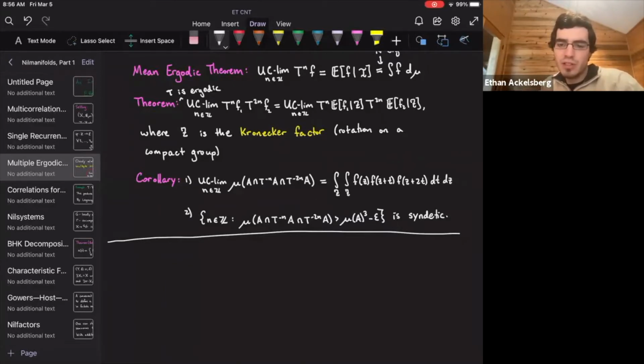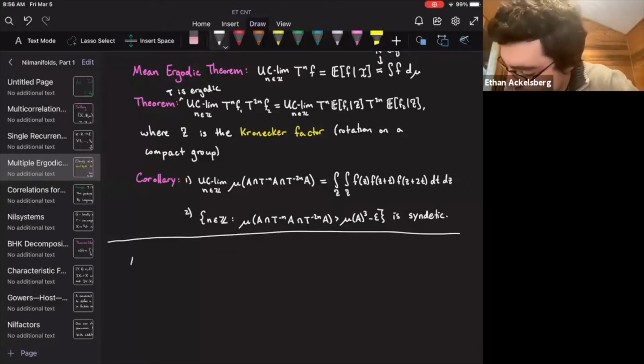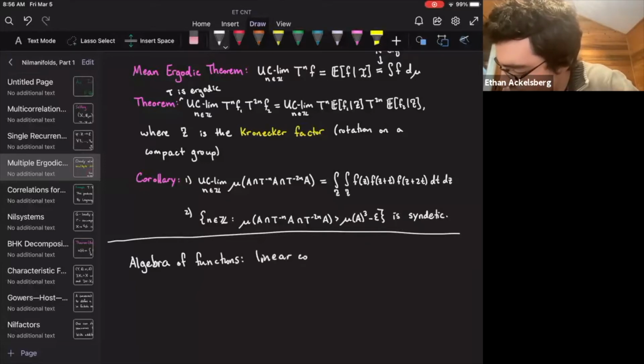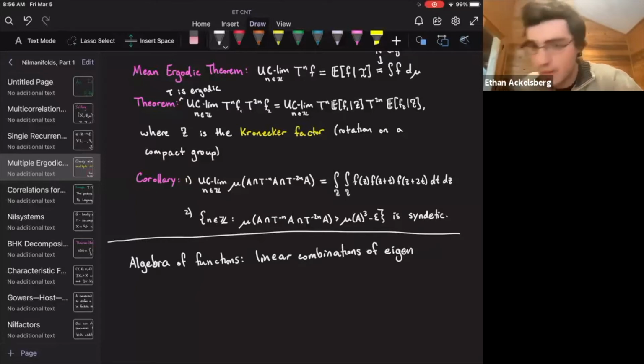And so your algebra of functions here is given by linear combinations of eigenfunctions. So we have some eigenfunctions in the system.